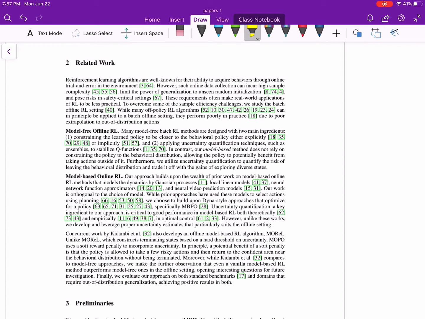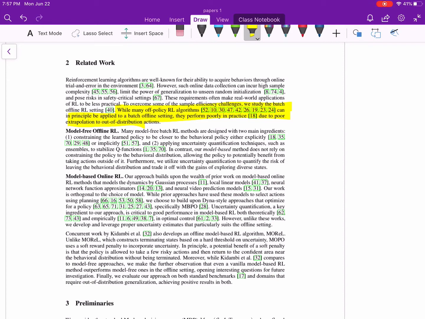Okay, so here, many offline algorithms can in principle be applied. Yeah, they perform, as we saw earlier in the previous section. Now model free offline RL.